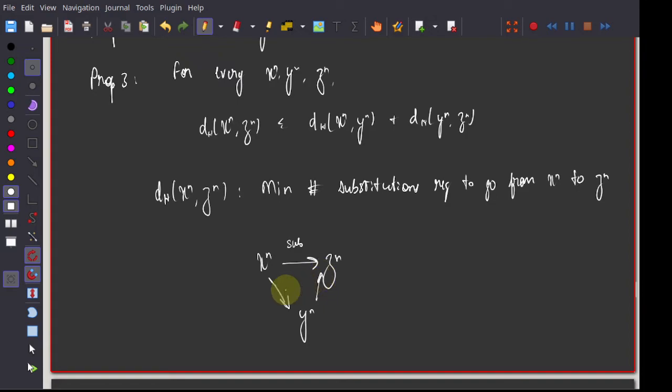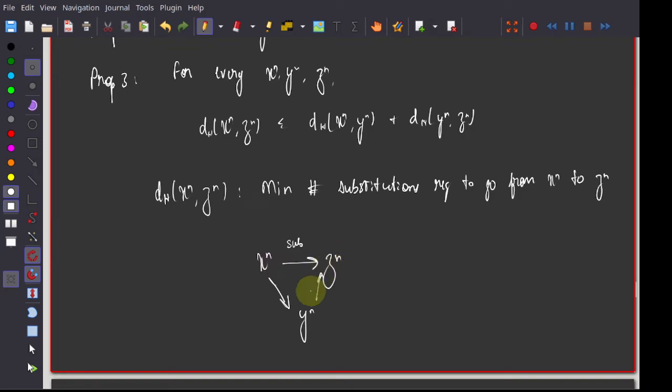The minimum number of changes you need to make to go from xn to yn is what? The Hamming distance between xn and yn. The minimum number of changes that you need to make to go from yn to zn is dH of yn and zn. But by definition, the Hamming distance between xn and zn is the minimum number of changes to go from xn to zn.